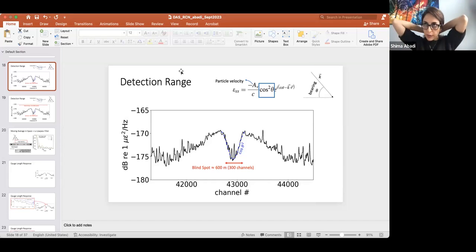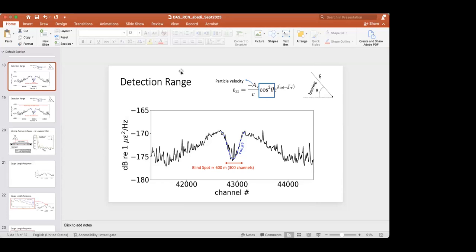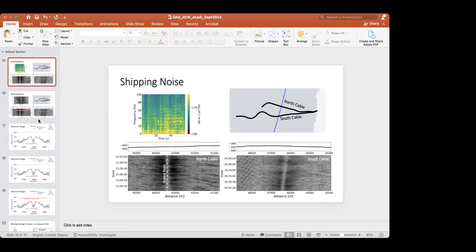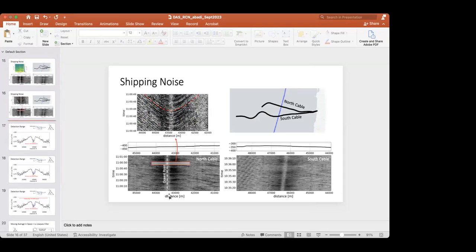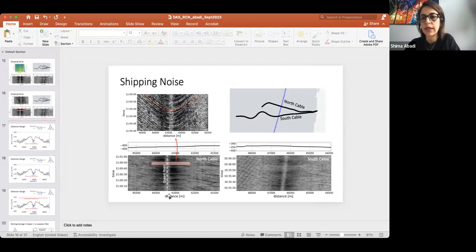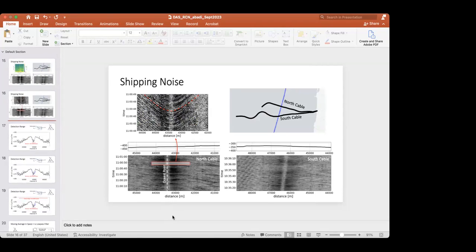Yeah, it happens when the ship is exactly on top of the cable, so we have exactly 90-degree bearing. Maybe you can see it better here. The track is perpendicular to the cable, so it's moving, right? But the bearing is always 90 degrees, so we don't see any signal here. Yeah, okay.